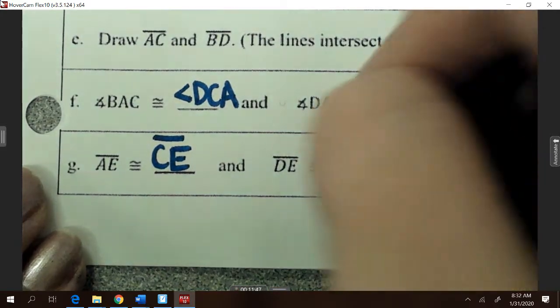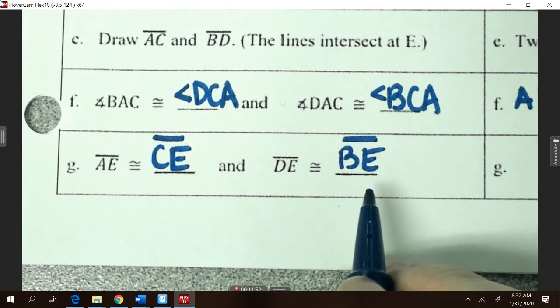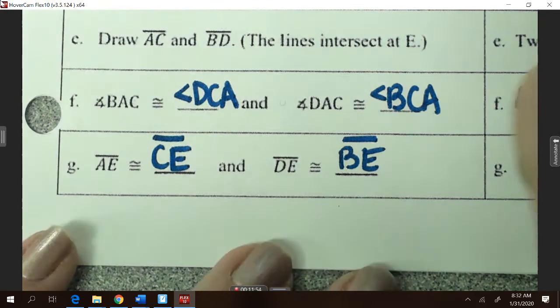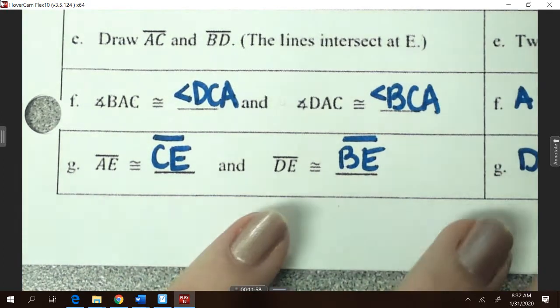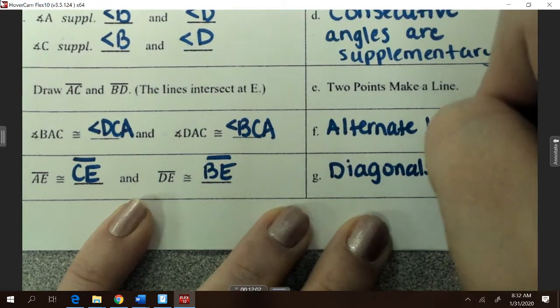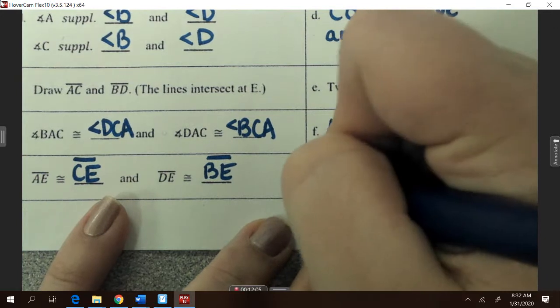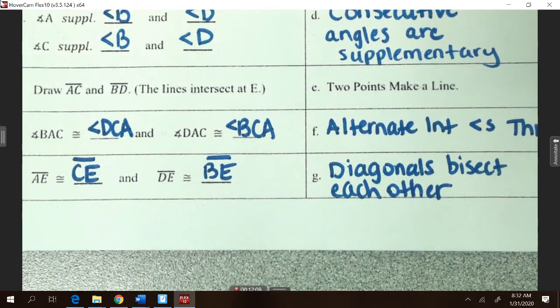And DE was congruent to BE, or you could call it EB. So you could do either one. Right? And that's because the diagonals bisect each other for a parallelogram. Diagonals bisect each other. Any questions about how to fill out the statements or the reasons there? Okay.